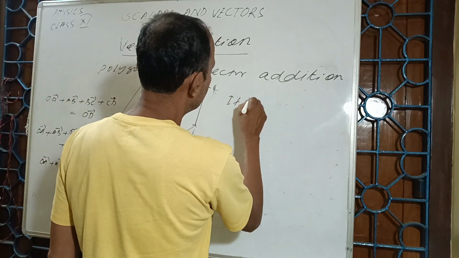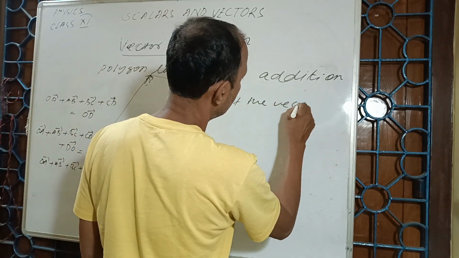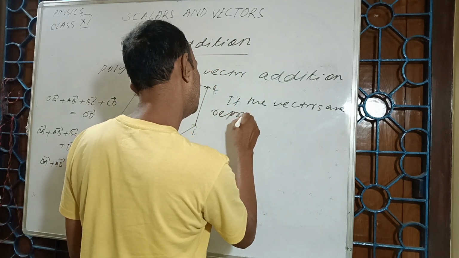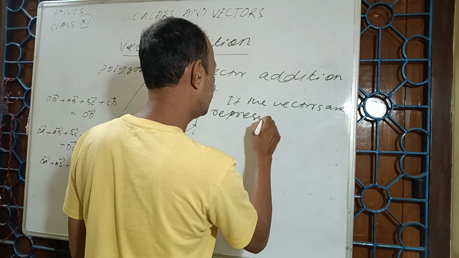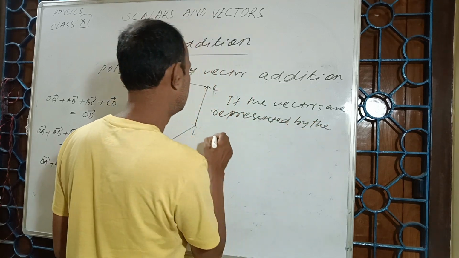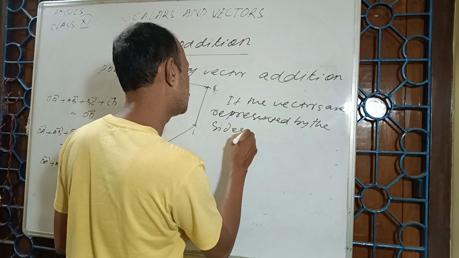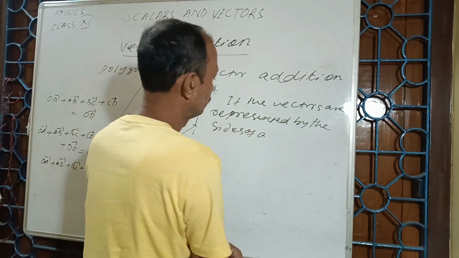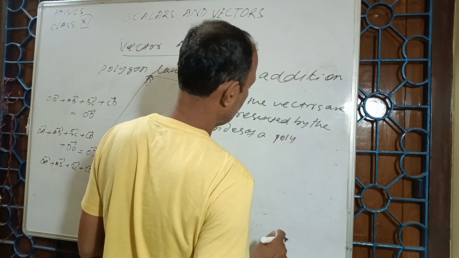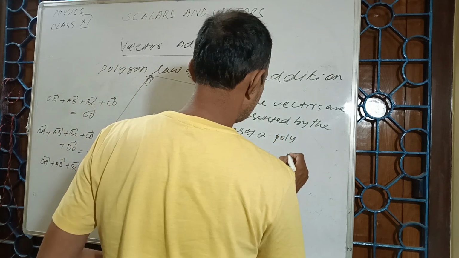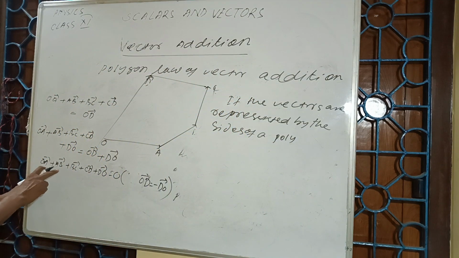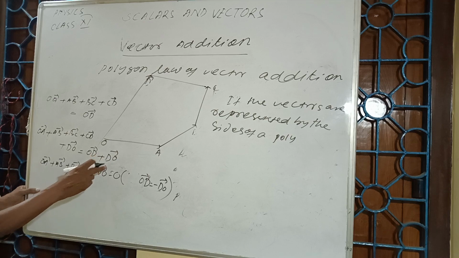If the vectors are represented by the sides of a polygon, listen carefully, I have written OA, AB, BC, CD and DO.